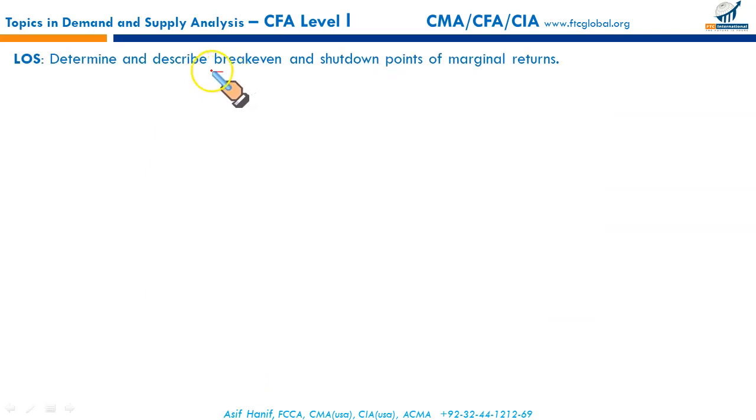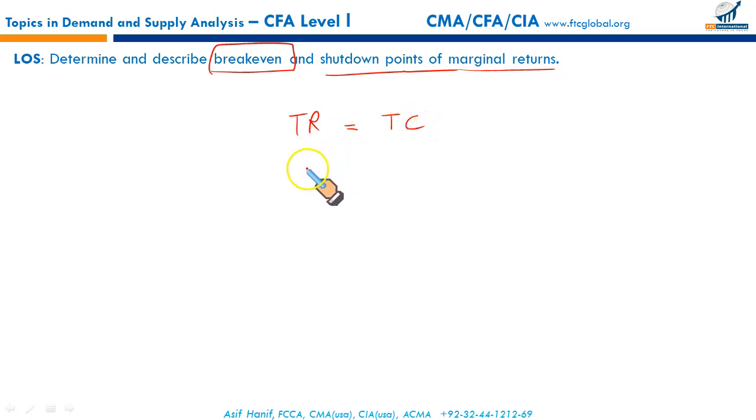Determine and describe the break-even and the shutdown points of marginal returns. I'm sure you would have studied this in your earlier accountancy and management accounting. The break-even point is the point where your total revenue is equal to your total cost. When the revenue and cost are equal, which means your total revenue minus total cost gives you a 0, which means there is no profit.